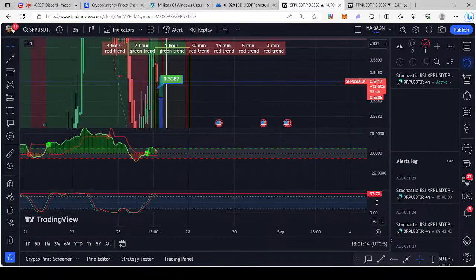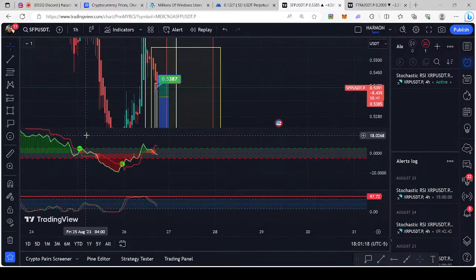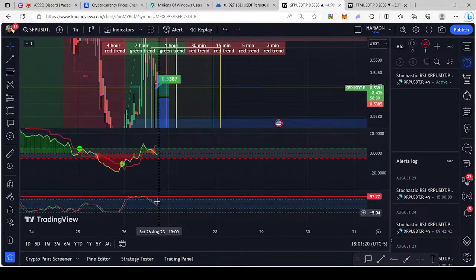You do have a nice 2 hour pullback here. The volume is really low here, so you should be pretty safe on this little pump that it did. Like I said, I would enter that 3 minute.